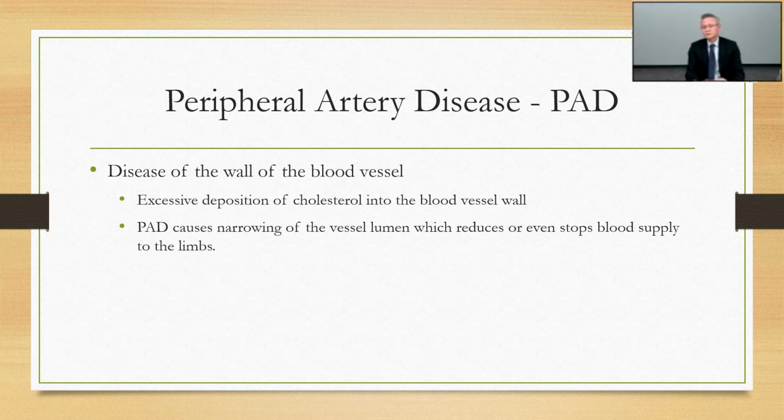And in future lectures in the series, I'm sure you will have a better understanding of the same disease process that affects the heart. And also the same disease process can affect the blood vessels supplying blood to the brain, therefore causing events like TIA or stroke. So the blood vessel is important. Disease of the blood vessels really causes significant problems to our health.